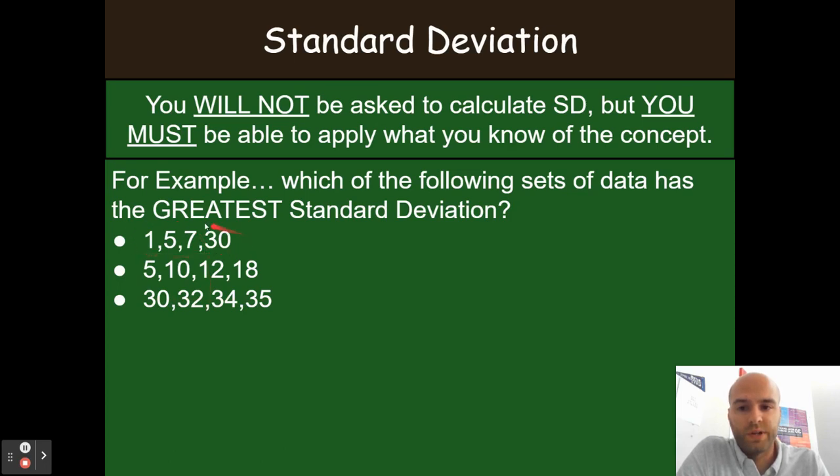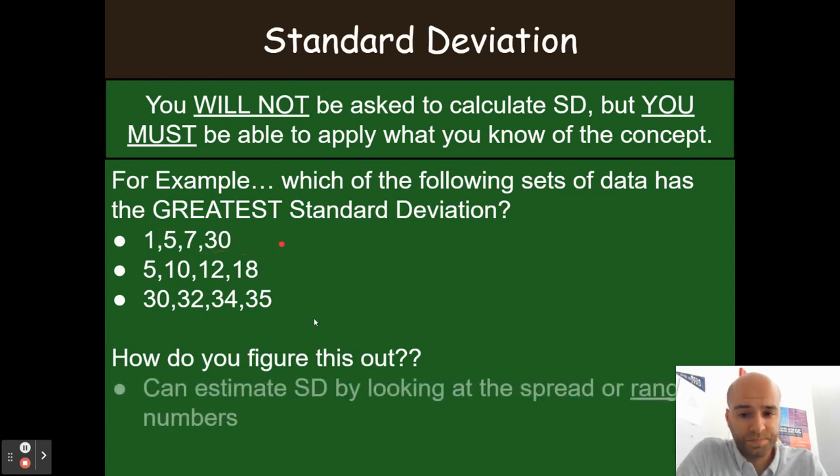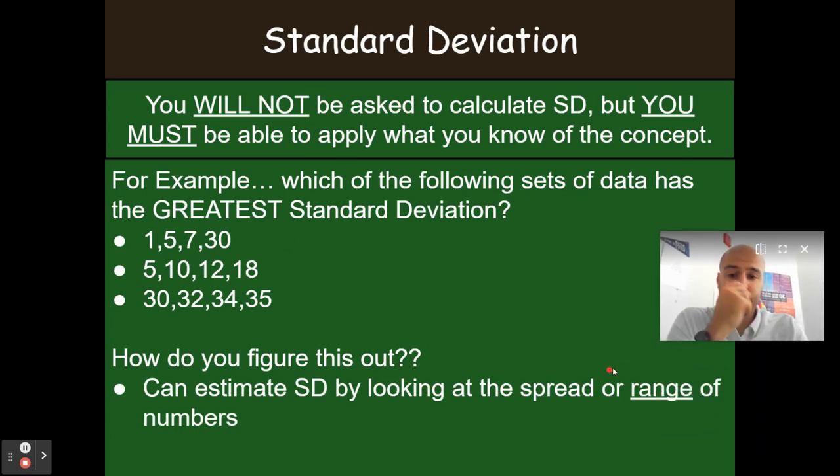So I'm hoping you're realizing that 1, 5, 7, and 30 would have the highest, or the greatest standard deviation, because by estimating the standard deviation, we looked at the spread or the range of the numbers.